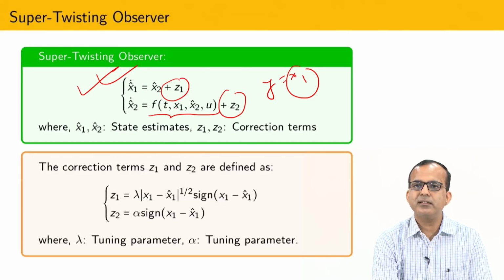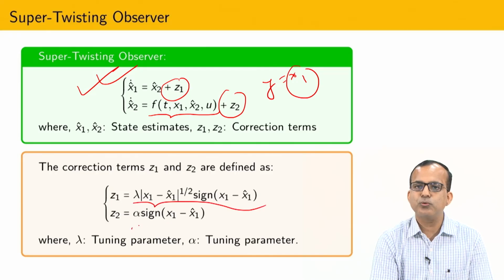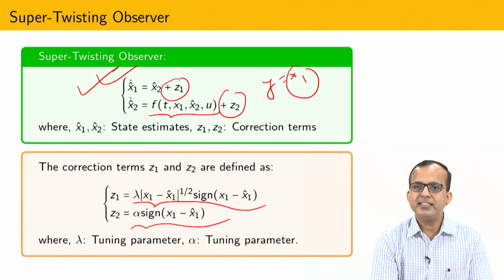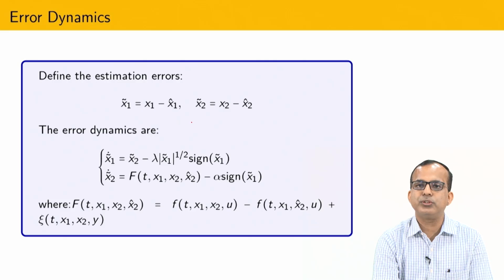Now, how to design the correction term? I am going to design the correction term based on the super twisting algorithm. You can see that inside the super twisting algorithm I have a form like half signum, and x1 is here, but here I have written it in the form of the error, because finally what is our goal? I have to maintain the error equal to 0.